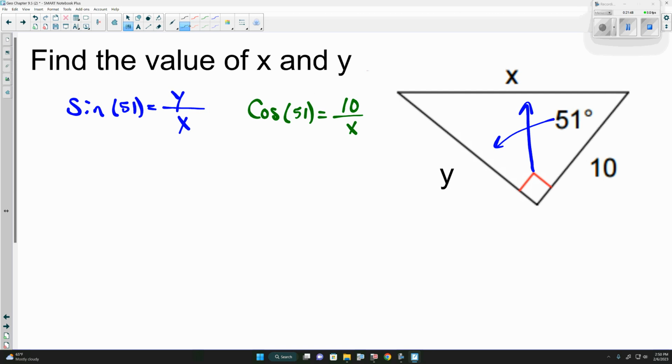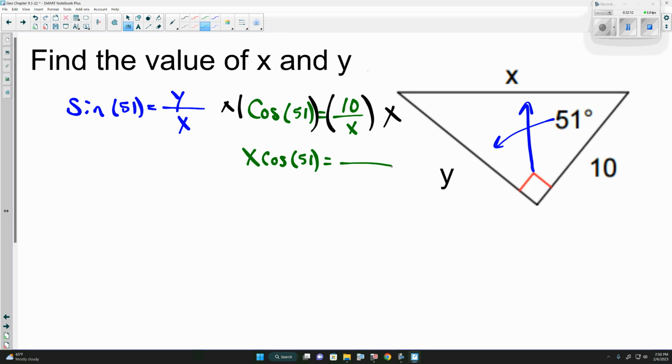Because depending on which one we want to use, we look at the angle and then see, do we have the side opposite and hypotenuse or adjacent and hypotenuse? Now, the first thing we're going to do is multiply both sides by the bottom of the fraction. And the bottom of this fraction is x. And the reason that we do this is this side is going to be x cosine of 51.